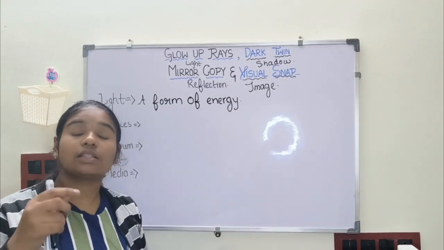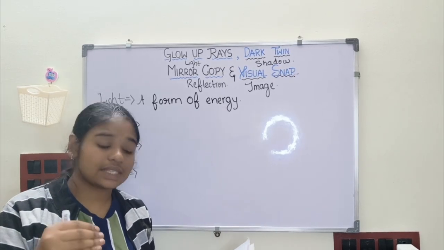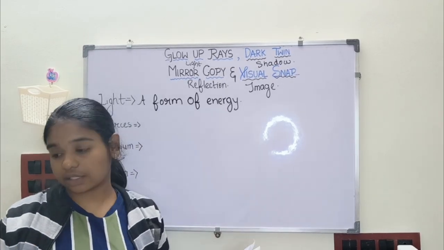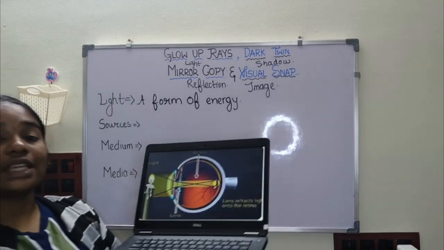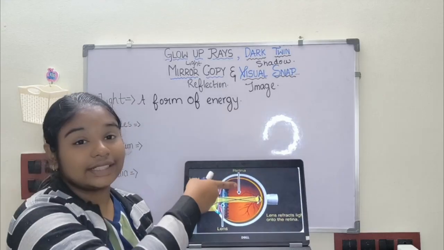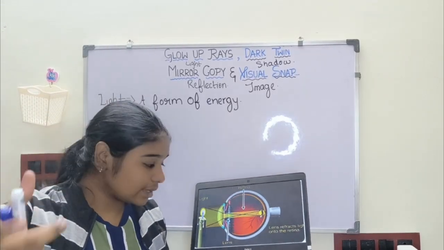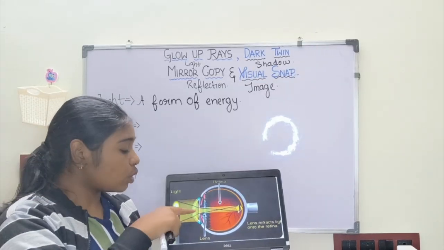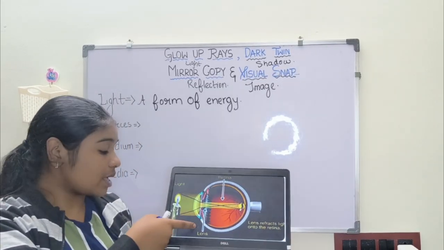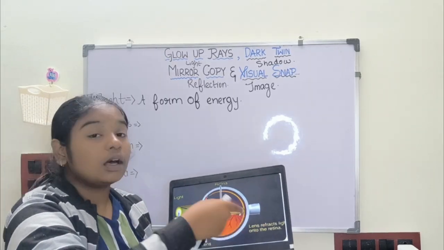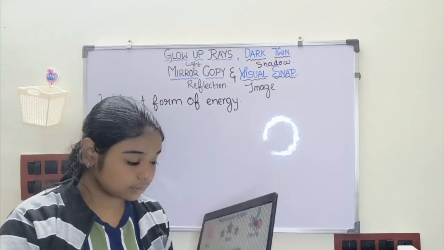So light is a form of invisible energy which produces the sensation of sight in our eyes. I'll show you an image. This is our eye, the retina. The lens refracts the light onto the retina, which makes the light to be seen. That is why we can see an object.